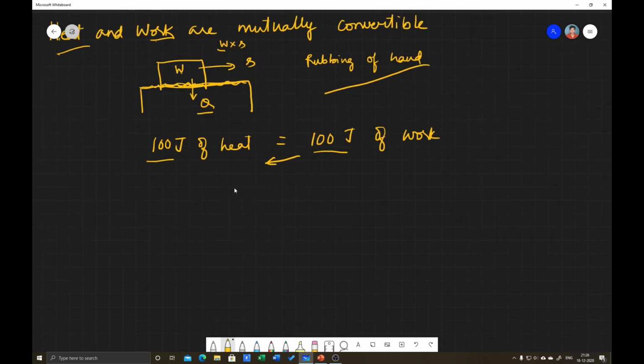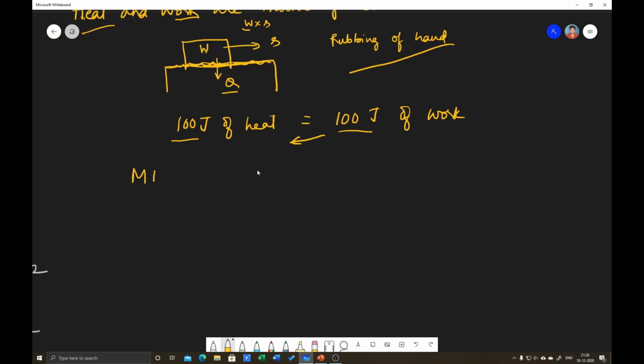And here in SI units we use joules for both, whereas in MKS units heat units are calories, and work units are joules.